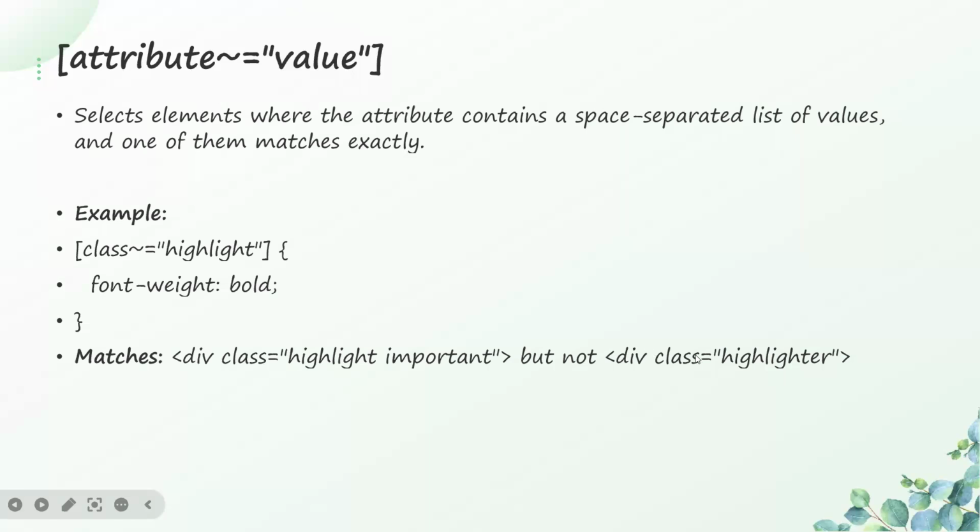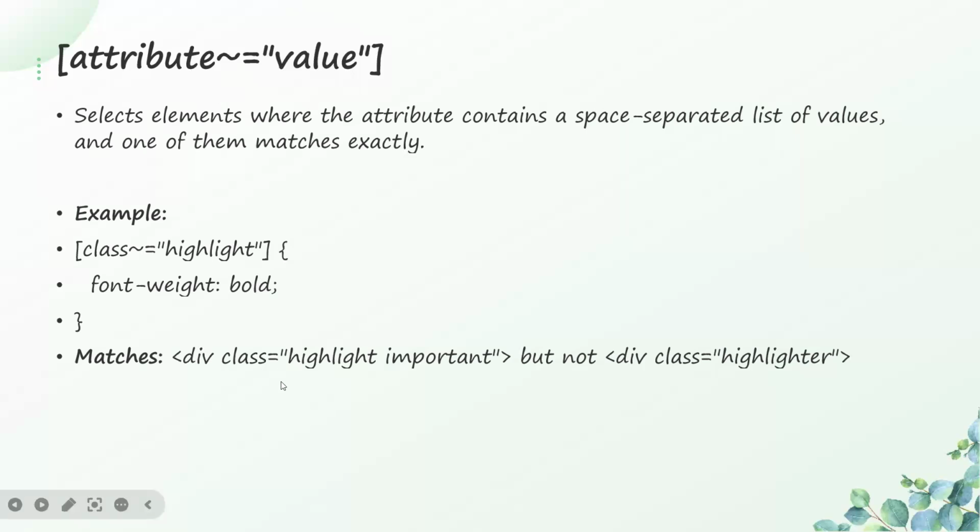But this one has its own class, so it would only match this one, because this selector targets elements where the attribute contains a space separated list of values. So if you want to target any element that has a particular attribute value within a space separated list of values, then you can use this. This might be tricky to understand, but just get it.